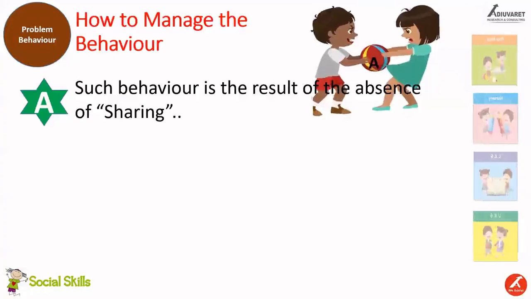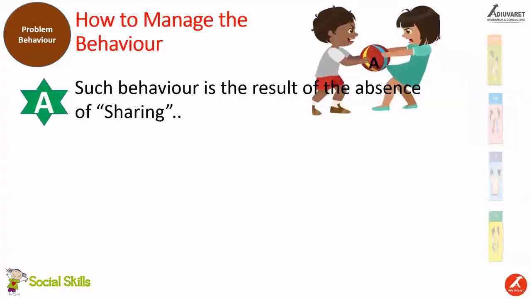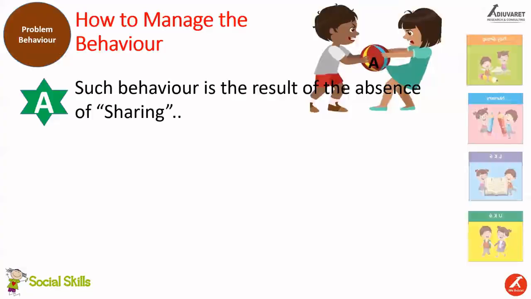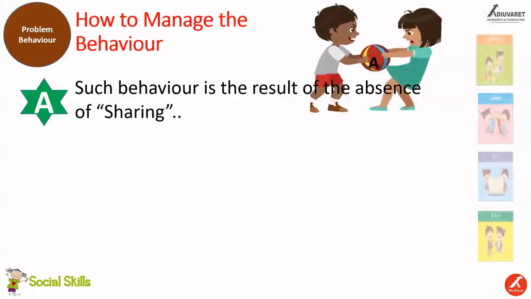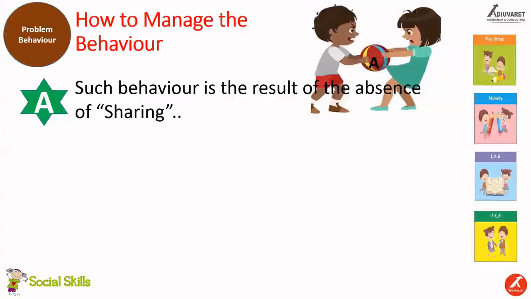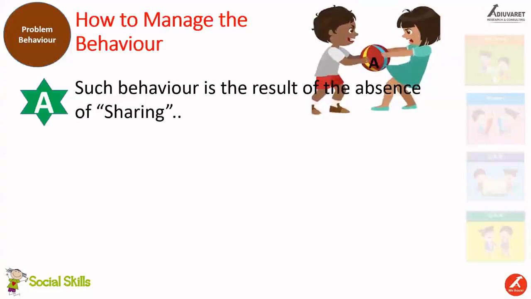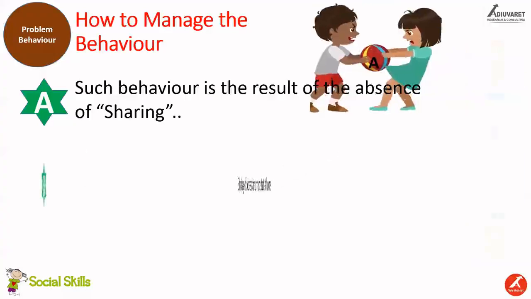But if the child is not exposed to the behavior of sharing, then the stealing behavior or taking away things from others will keep on increasing and will not be taken care of. So sharing is a skill, and most schools know that the sharing skill can be improved quite easily. So that is one thing we need to do.